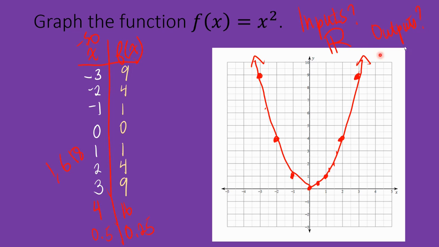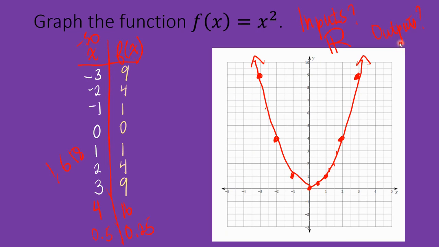But the outputs, well, was there any possible way that I was going to get a negative number here? No, and our graph even shows this because there's nothing down here in the y's. All of our y's are up here, right? They're all positive numbers. And that makes sense because it's a squared, right? No matter what, if you take a number and you square it, it's going to be positive.